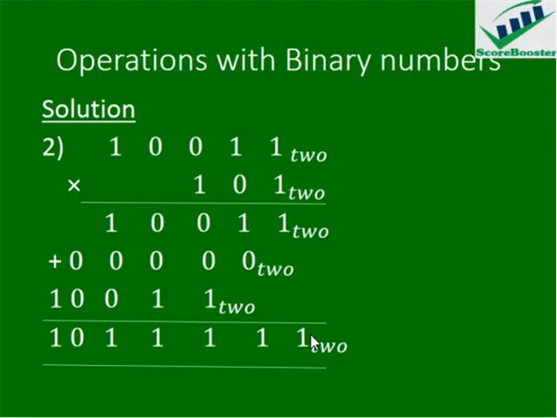So that is all about the multiplication of binary numbers. I can say it is as simple as ABC. It is more or less like multiplying natural numbers, or numbers in base 10.